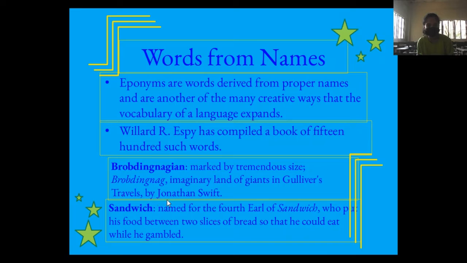Who is Jonathan Swift? Is this Taylor Swift's brother? Sandwich, named for the fourth Earl of Sandwich, who put his food between two slices of bread so that he could eat while he gobbled. So because of the fourth Earl of Sandwich, sandwich was created.